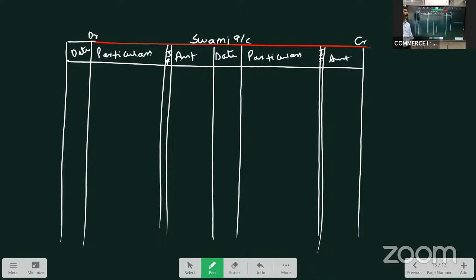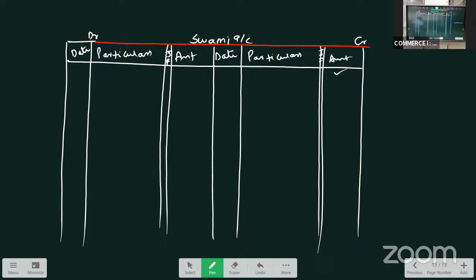Right? Ready? So we are preparing Swami's account. Swami account is a personal ledger. We apply the rule of personal ledger, that is debit the receiver, credit the giver. If Swami is receiving something, write it on the debit side. If Swami is giving something, write it on the credit side. Okay, chalo. See what is the first transaction?